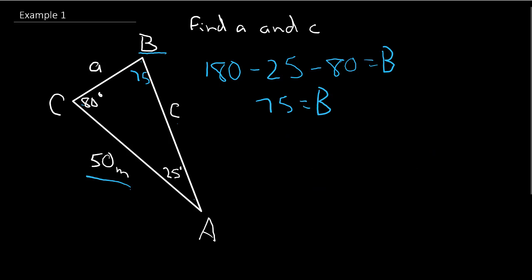I'm going to go back to my example here, and I'm going to use green. So A over sine of A equals B over sine of capital B. So now I just need to fill in the unknowns and I can solve for A. So I know angle A is 25.